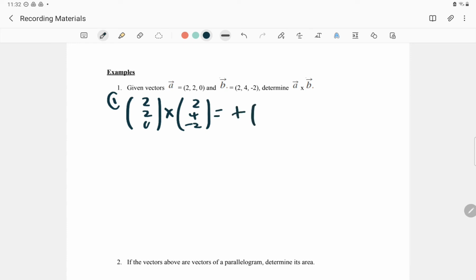In the first step, you overlook the first row. So you get the multiplication of these two, negative 4, minus the multiplication of these two, which is 0. And on the second step, you do the same thing.